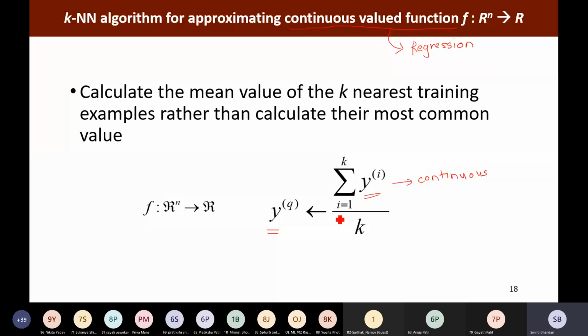We sum up all those yi's and divide by k so that we get the average. This mean is assigned to YQ, that is my prediction, right? So simply, if the problem is a regression problem, we find the average of the yi's, and that will be my predicted value for YQ.